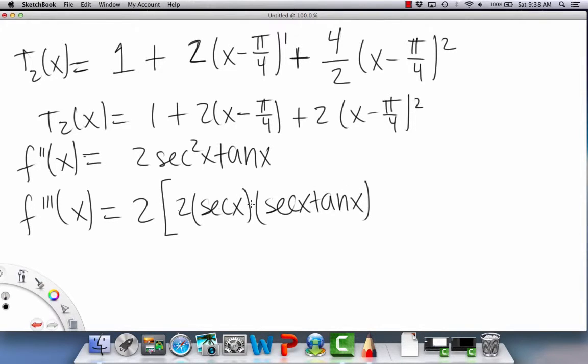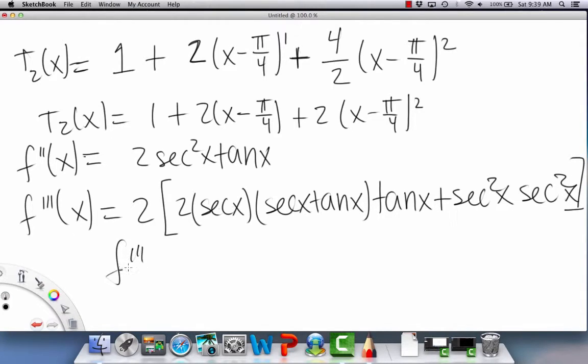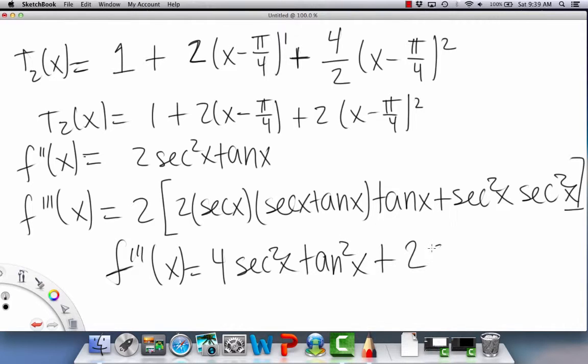Everything inside the bracket so far is the derivative of secant squared x. Then we also rewrite the tangent x, and we keep secant squared x the same and take the derivative of tangent, so that's another secant squared x. So f triple prime is going to equal 4 secant squared x tangent squared x plus 2 times secant to the 4th x. A lot of secants and tangents in this one.